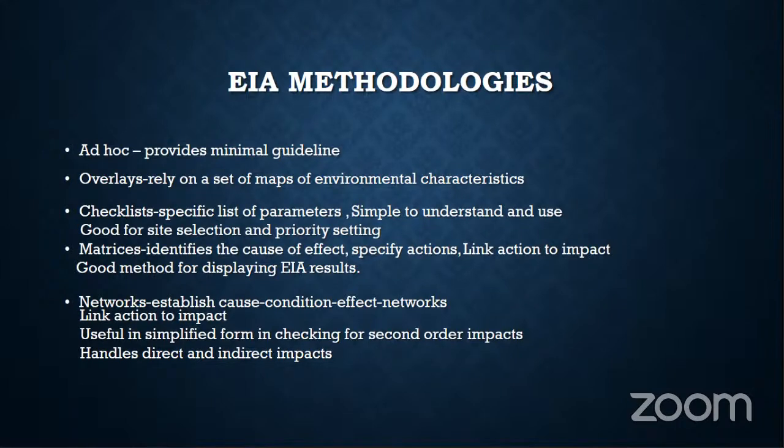The next method is the overlays. This relies on a set of maps of environmental characteristics, like geographical maps, hydrology maps, like that. We will use those things for assessing the environmental condition.